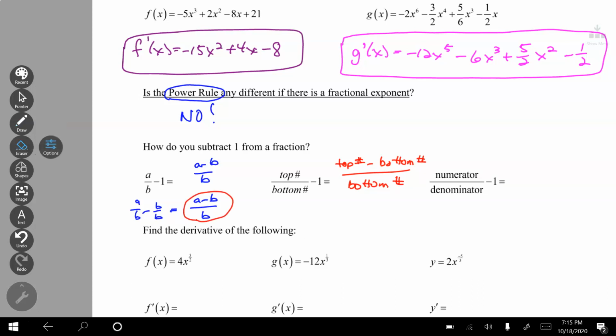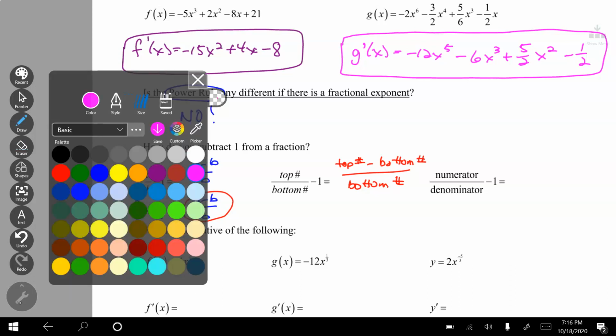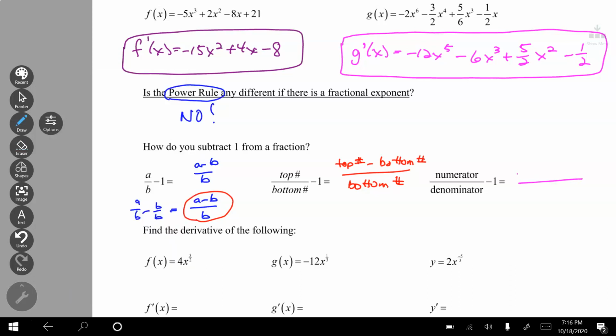It is top number minus bottom number over the same bottom number, or, well, that's terrible, numerator minus denominator over that same denominator. That's the way I really subtract 1 from a fraction.